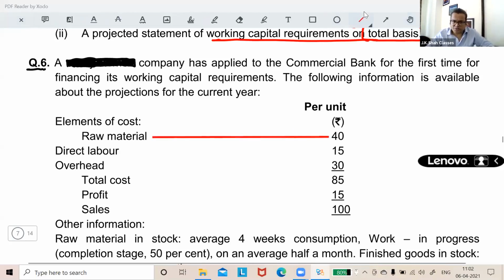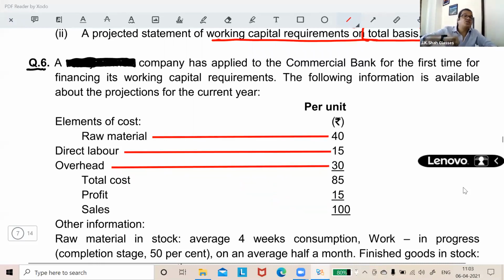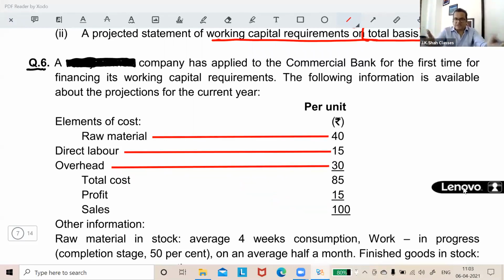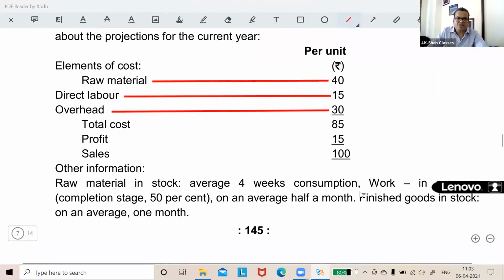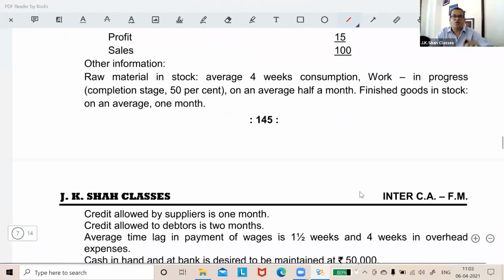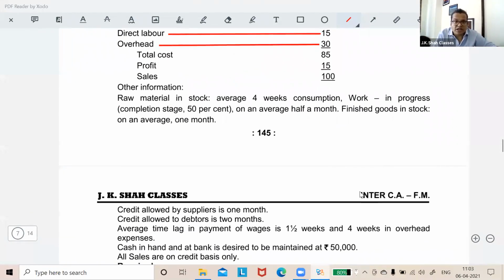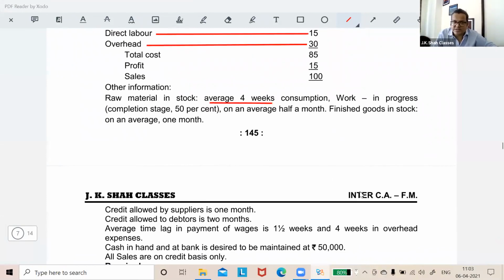Raw material per unit is given, direct labor per unit is given, and the overheads are given. We have to read the overheads and find out if there is any depreciation in it. But right now nothing is said. We go on reading, then there is some profit and then there is some sales. Now, what is the other information? Raw material in stock is what? Average 4 weeks consumption.